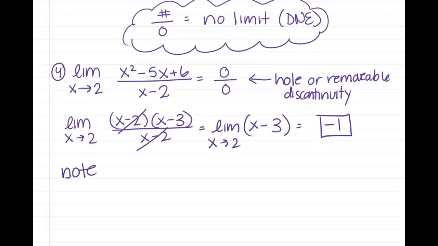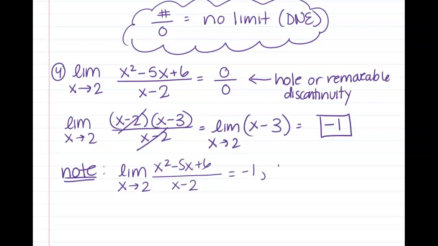Note, keep in mind, whatever you want to call it, we figured out the limit as x approaches 2 of x squared minus 5x plus 6 over x minus 2 is negative 1. But f of 2 doesn't equal negative 1. That's why it must be a hole or a removable discontinuity, because that's where it looks like it should be at negative 1, but it's not actually there.